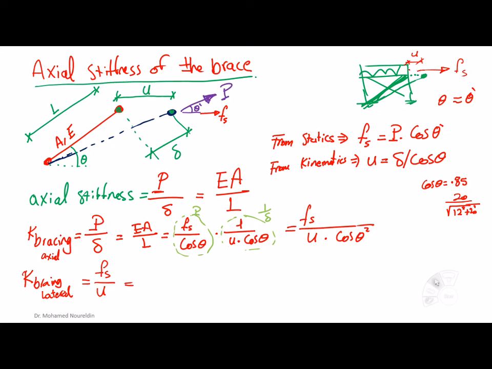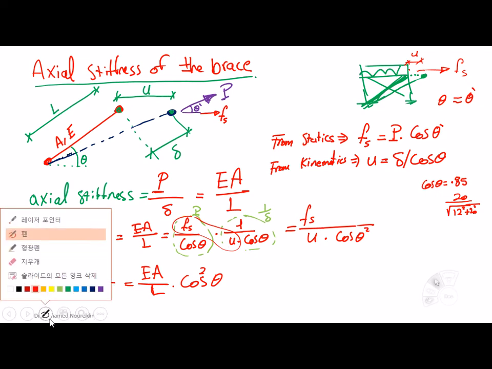So from here, Fs over U is going to equal, we have the equation here, we can get Fs over U. This part we can obtain if we substitute with EA over L. So we can find that it equals EA over L cosine squared theta. This is the equation that we have right now, K bracing lateral. So what is the meaning of this and why are we going into these calculations?